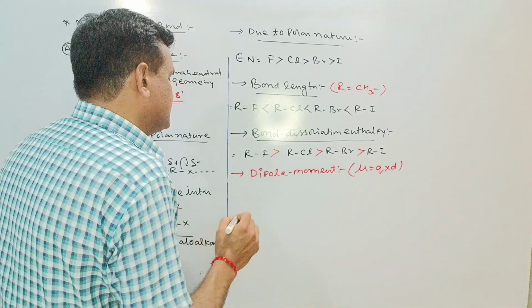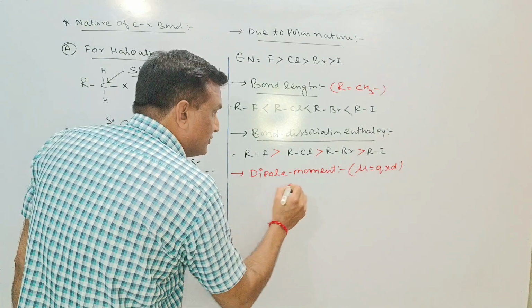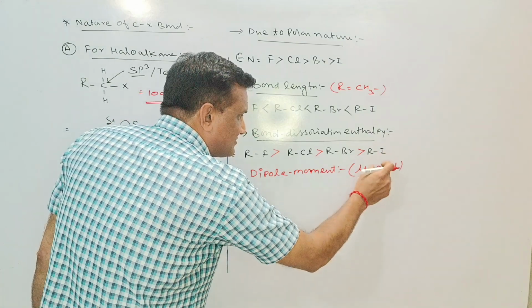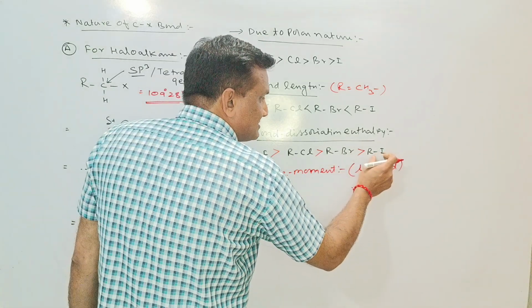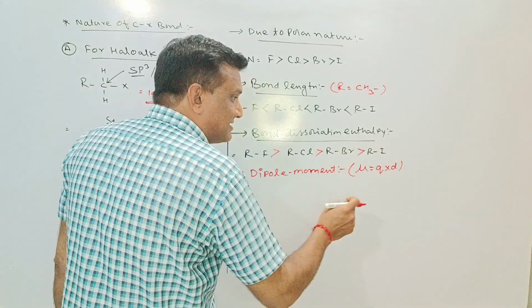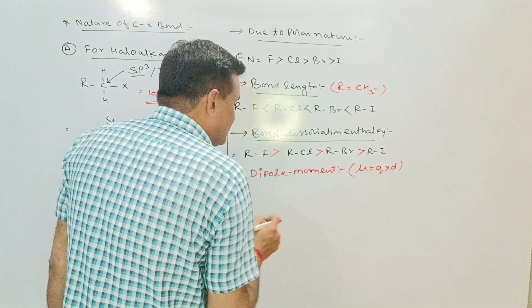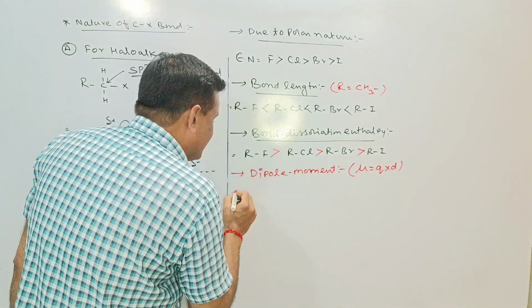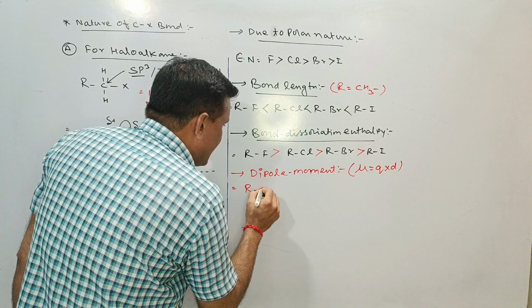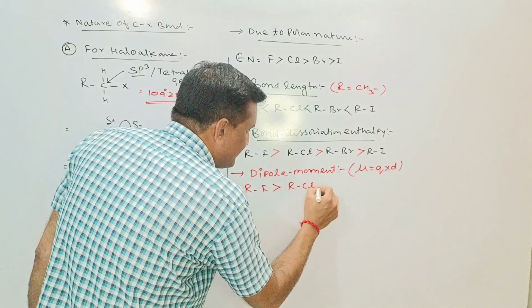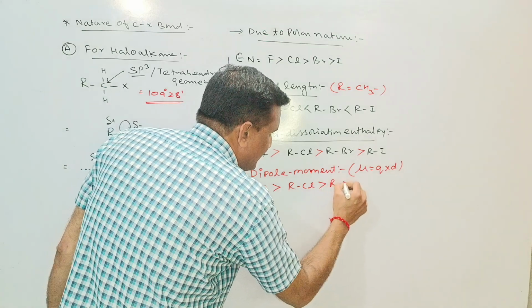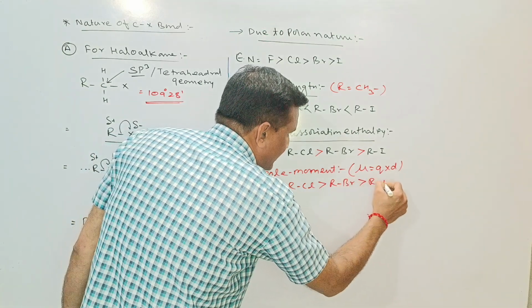So what will the dipole moment be? Mu is equal to Q into d. The distance increases, so here the distance is higher but the electronegativity is lesser, so the value of Q will be lesser. So in that case, regarding the dipole moment sequence, CH3F will be higher than CH3Cl, higher than CH3Br, and higher than CH3I.